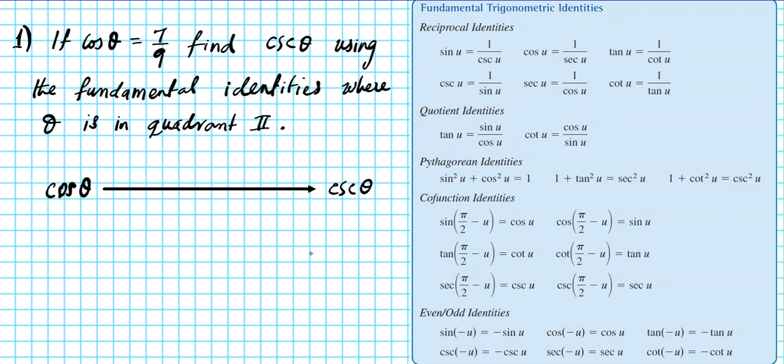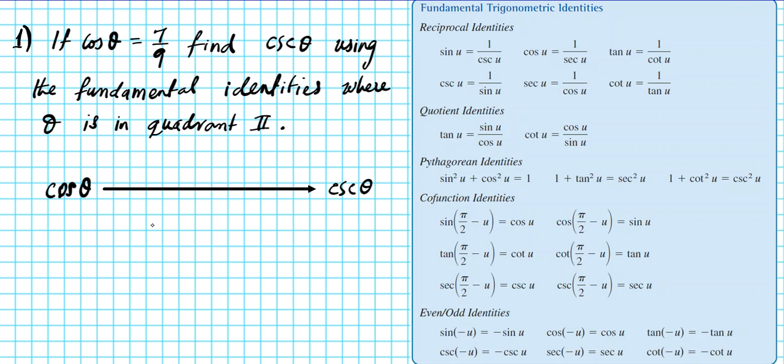Alright, so what we'll do is basically take a look at the identities we have here and ask ourselves, do we have any formula that has only cosine and cosecant in it? If we come up with any of those formulas, then that will be the direct connection between cosine and cosecant, and we can use that formula to accomplish our goal.